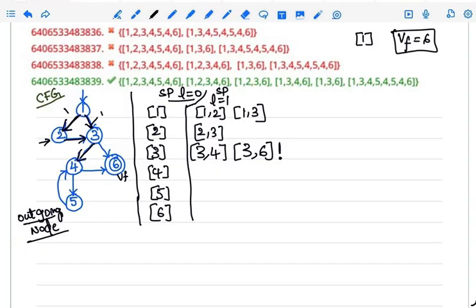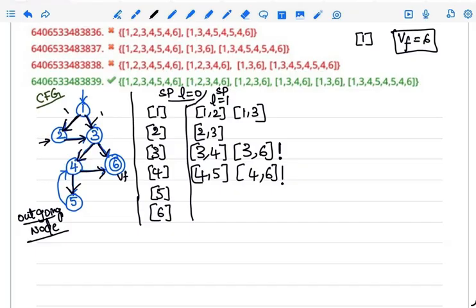From node 4, there are 4 to 5 and 4 to 6, and 4 to 6 also gets an exclamation mark because it ends with VF. So there are two simple paths of length 1 starting from node 4.